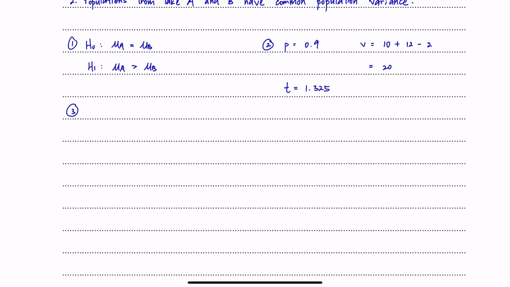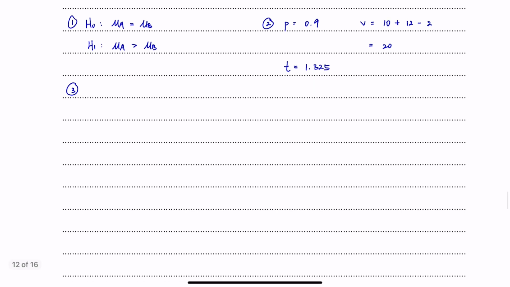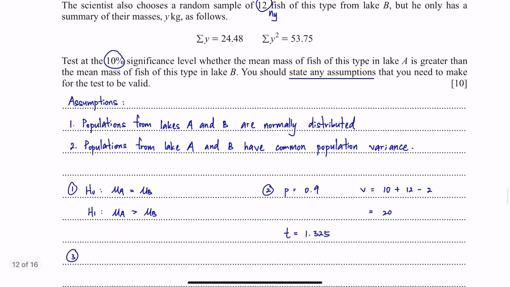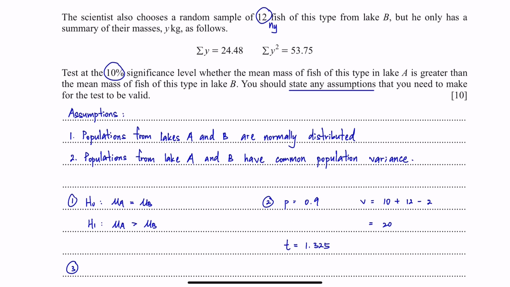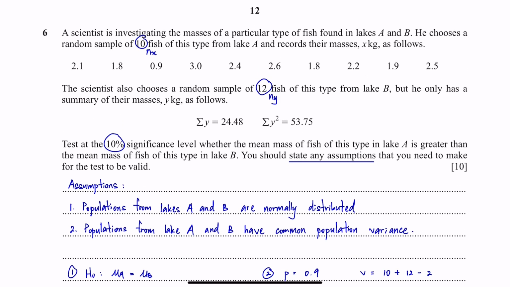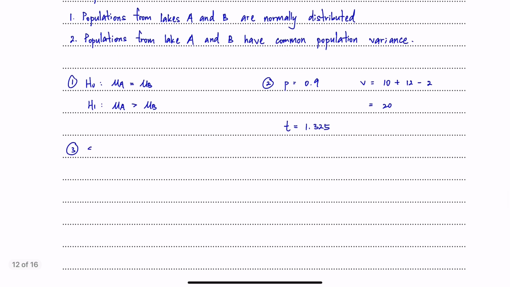Going to the third step, we need to find our test statistic, but before that we need our data. So we already have the sum of y and sum of y squared, but for x values we need to calculate ourselves. So we have the sum of x equal to 21.2 and the sum of x squared would be 47.92.